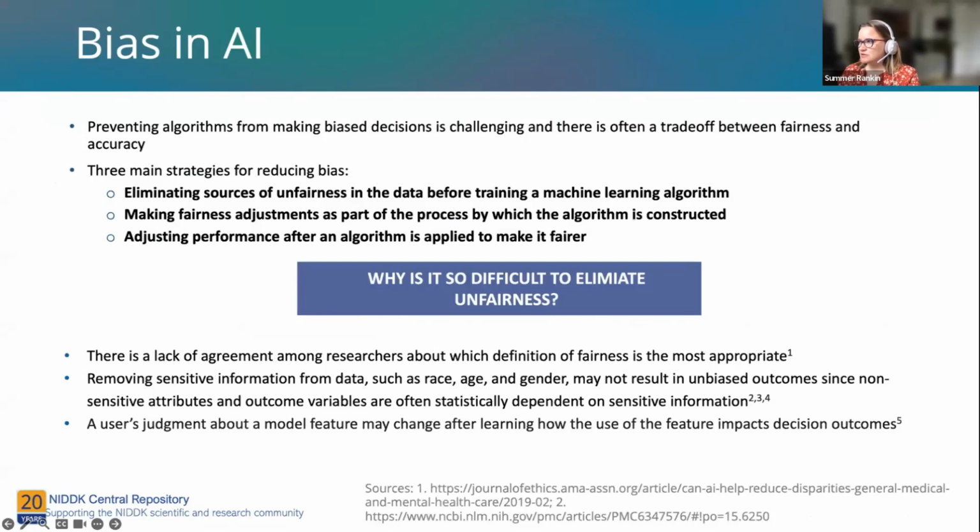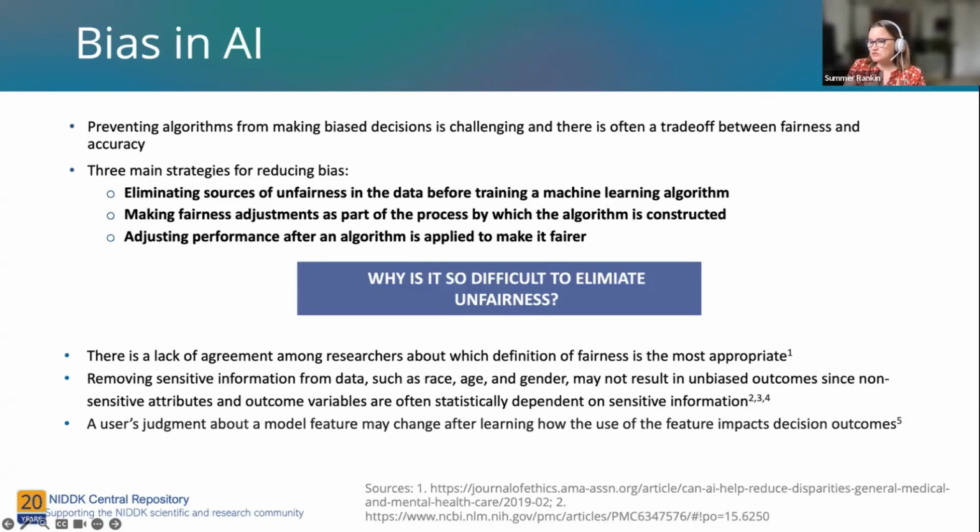So, some say there's a trade-off between fairness and accuracy. Fairness is again just the reduction of bias. Think of it that way. So is the model being fair by being equal across all of, let's say, the population demographics? And so you could eliminate these sources before training the ML. You probably can't. You may not even know about all of them, right?